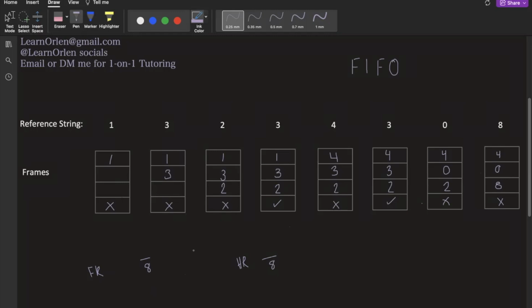And we just simply count. So we had 1, 2, 3, 4, 5, 6 faults and only 2 hits. So there we go. We have a 75% fault rate and a 25% hit rate. FIFO is generally the simplest, but also the worst.